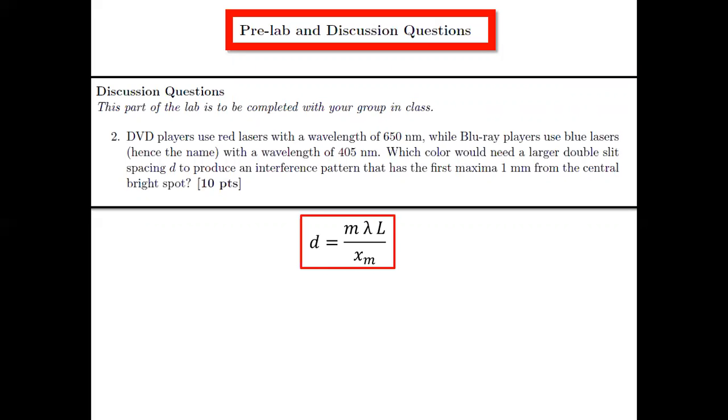So basically D is given by m lambda L over xm, and lambda red is larger than lambda blue. Blue is 405. I'm sorry, it's not red, it's blue. So in that case, what happens to D red compared to D blue? Again, my typo. So you compare the lambdas and then compare the D values.